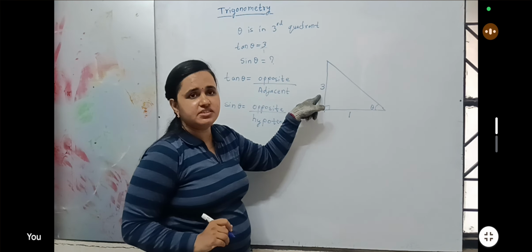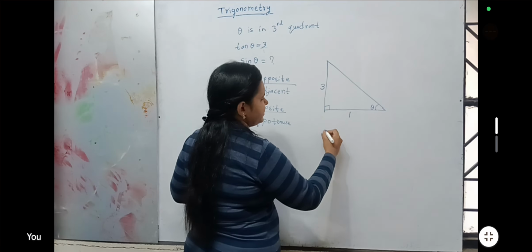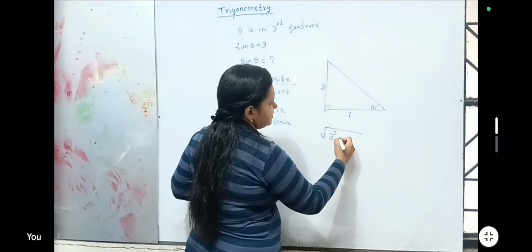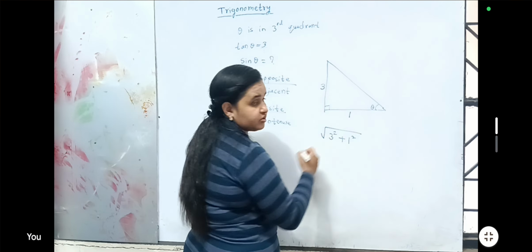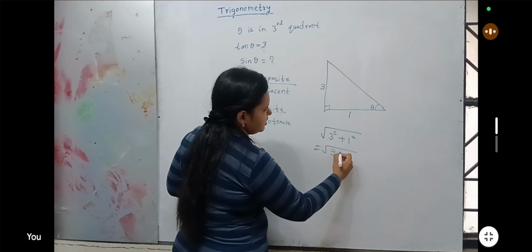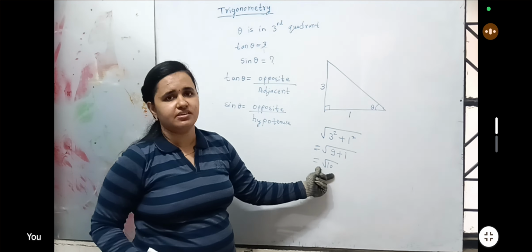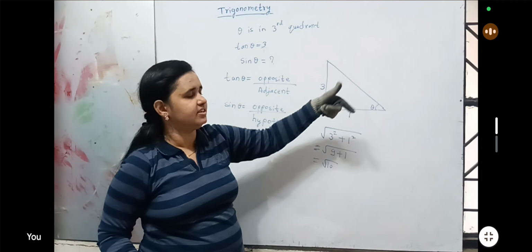Now from this 3 and 1 we can calculate the hypotenuse. It will be 3 square plus 1 square, which is 9 plus 1, and it is root 10. We have got the hypotenuse as root 10.